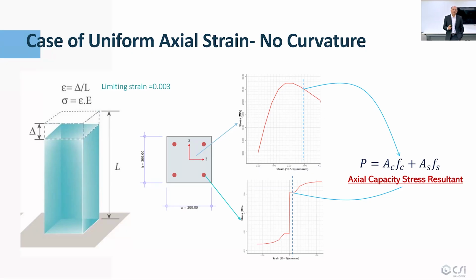This is what we are talking about, the strength capacity. That means this is the capacity of this column to carry this load P for a failure strain of 0.003 based on the section's configuration and material properties.